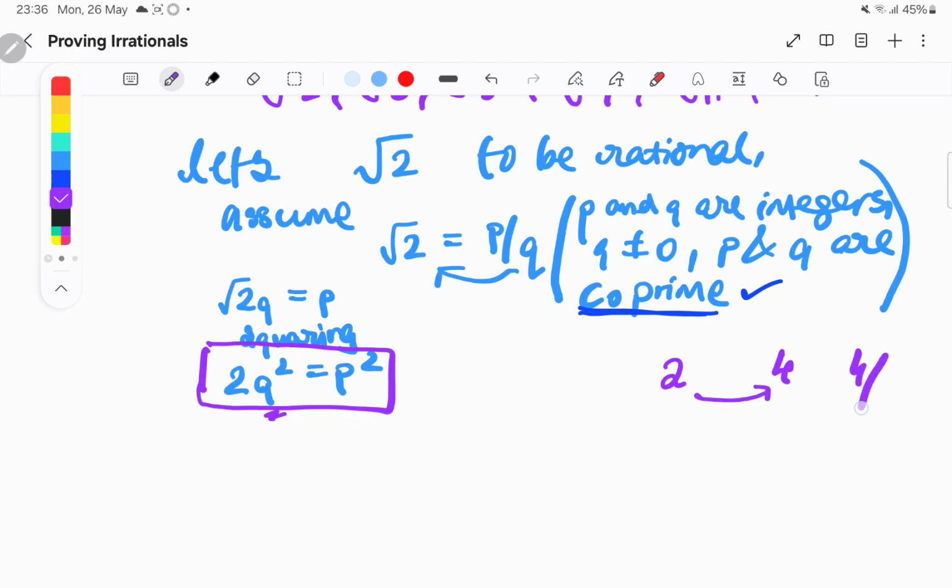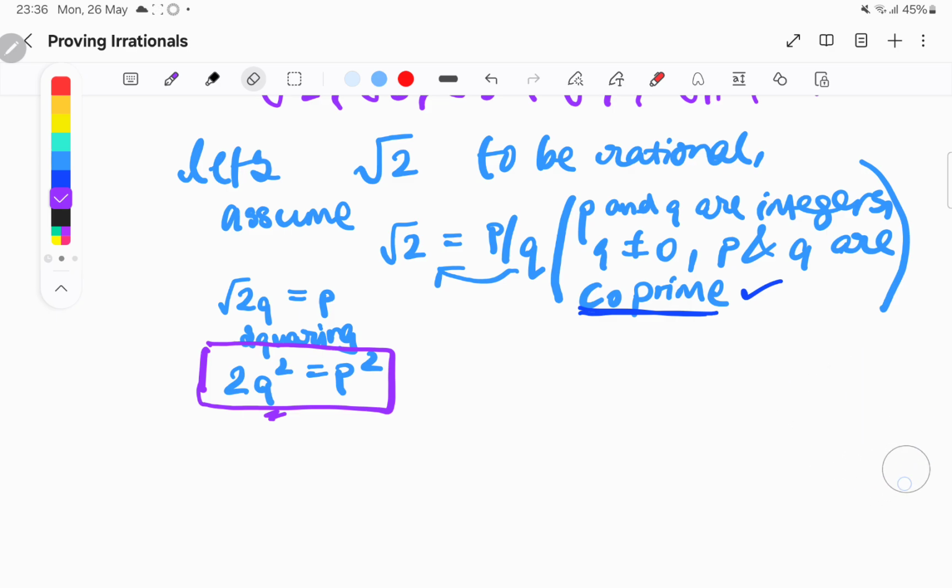So 2 would also be divisible by 4 squared, 16 by 2, obviously. Same thing over here. So the square would also be divisible by the original number. So 4 square can be divided by 2, and 4 can also be divided by 2. Simple.